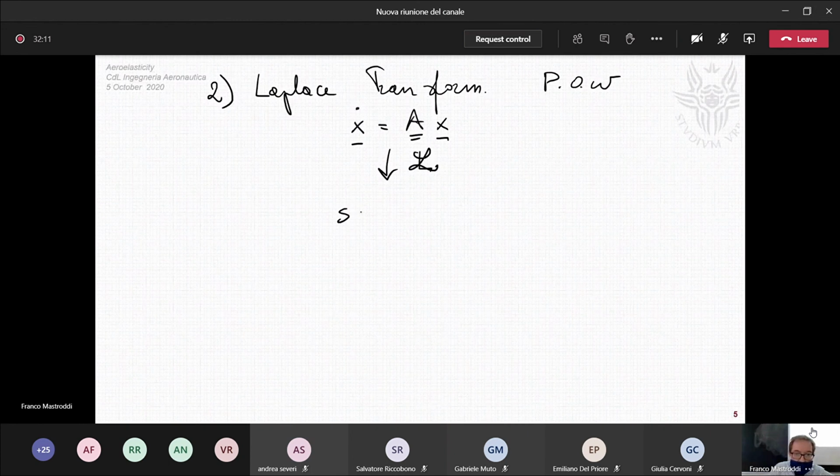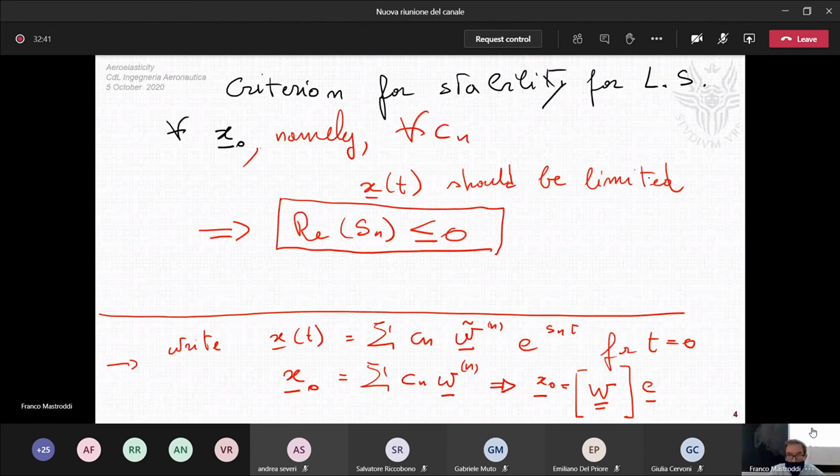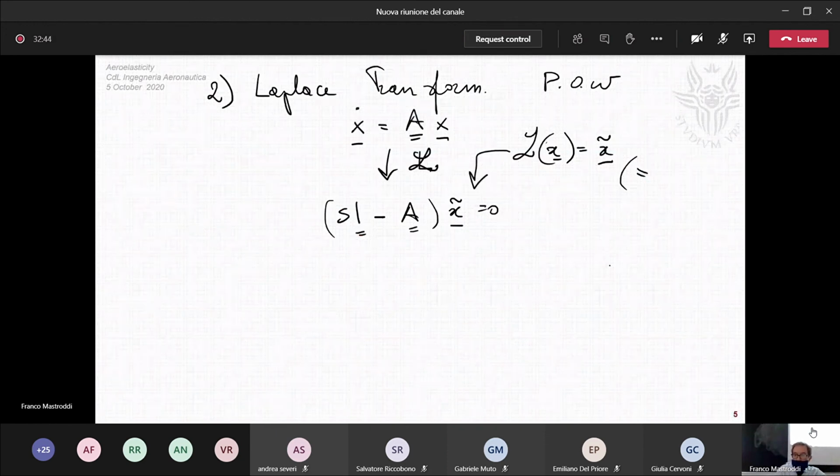And by taking the Laplace transform, you have sI minus A. And note that x is now the Laplace transform of x. In the previous vision, this was W, what we call W. Okay, but it is identical.